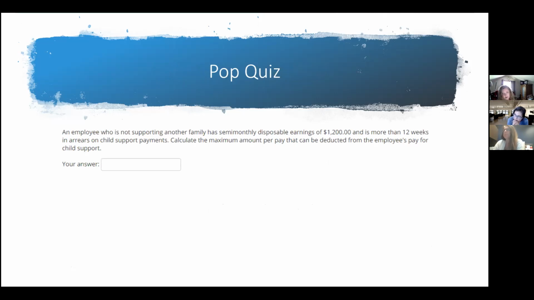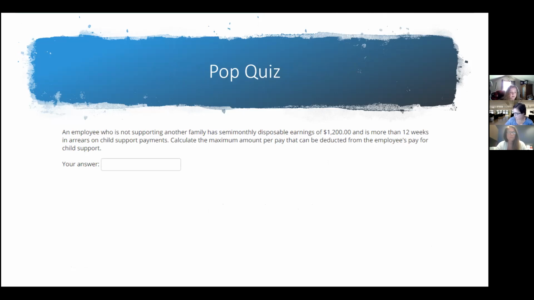So based off of those numbers that we just talked about, pop quiz, and don't forget to put your answers in chat in the window so that we can make sure that you get credit for RCH if you would like for today. An employee who is not supporting another family has semi-monthly disposable earnings of $1,200 and is more than 12 weeks in arrears on child support payments.